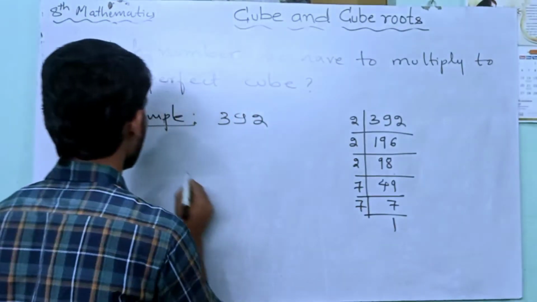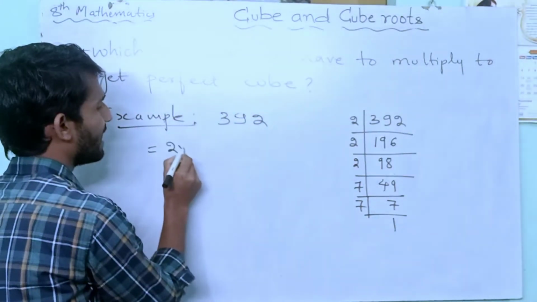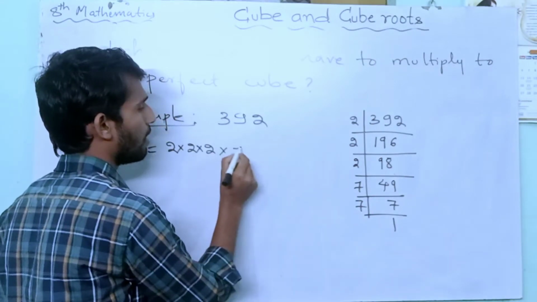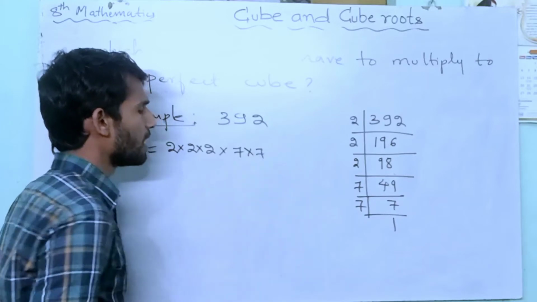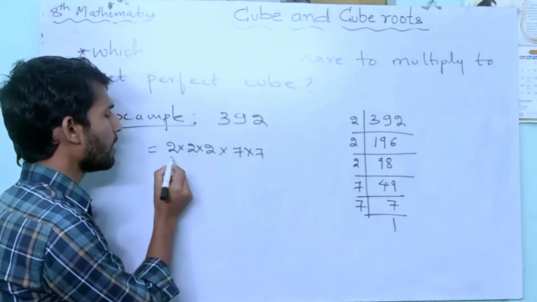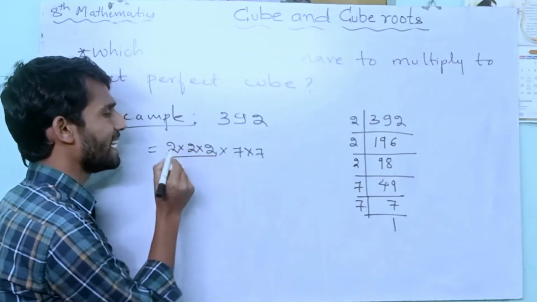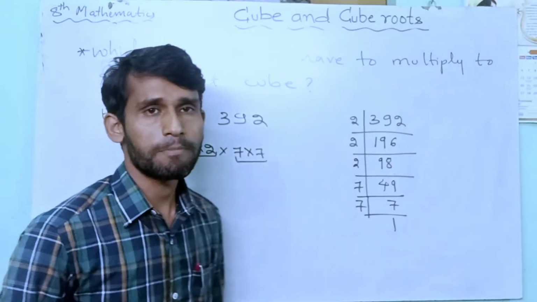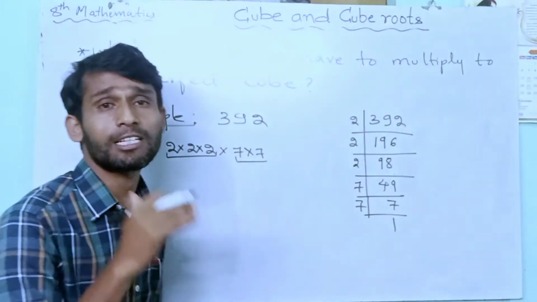Now we got 2 a total of 3 times and 7 a total of 2 times. Dear friend, you observe that the factor 2 we got 3 times, but 7 we are getting only 2 times. So this is not a perfect cube.